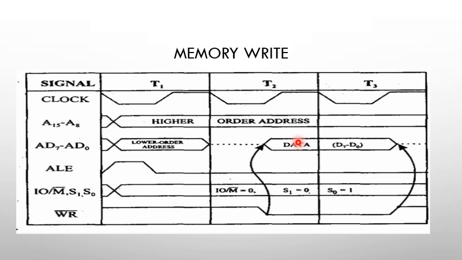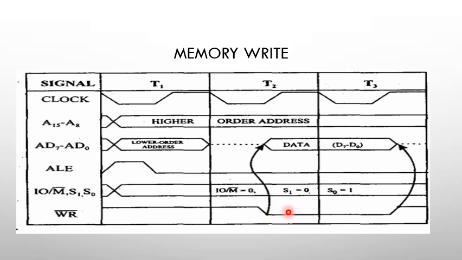Here the microprocessor is going to write something in the memory. So in order to write, the WR signal goes low. In the read operation, the read bar signal has to go low. Here, since it is a write operation, the WR signal will be activated, and since it is an active low signal, it remains high during the T1 clock cycle, and during the T2 clock cycle it goes low.